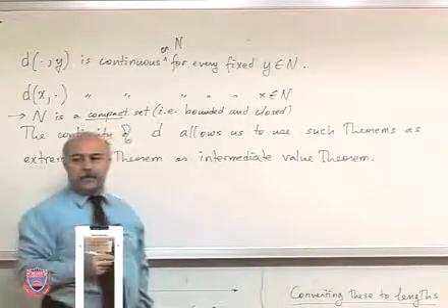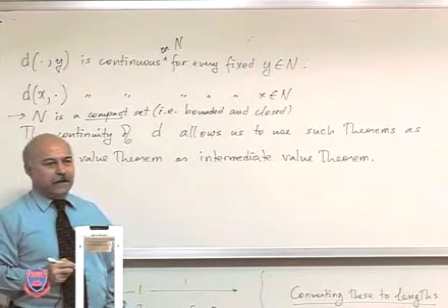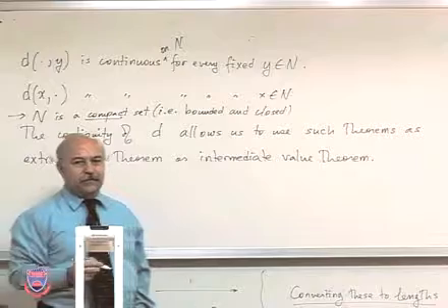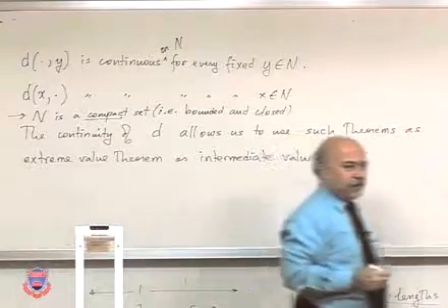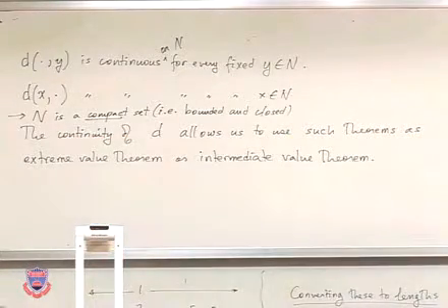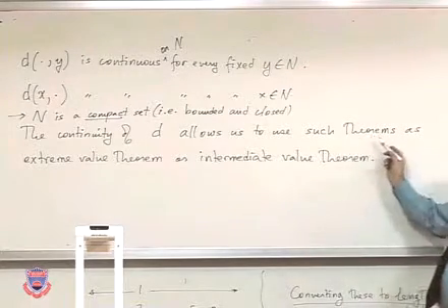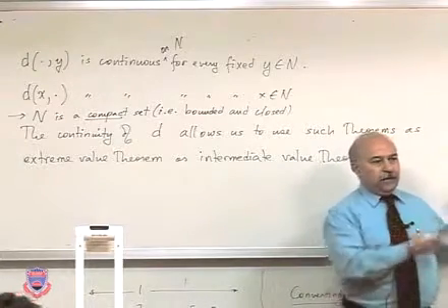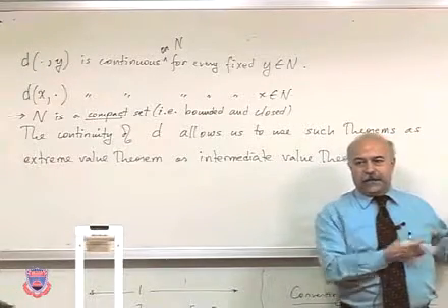Have you seen some of these things in your 500 course? Yes. So there are some uses for these theorems. Why do you need, for example, the extreme value theorem or the intermediate value theorem? Well, you talk about minimizing a function.